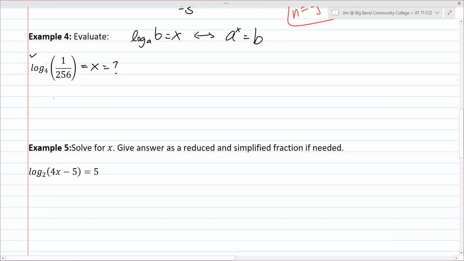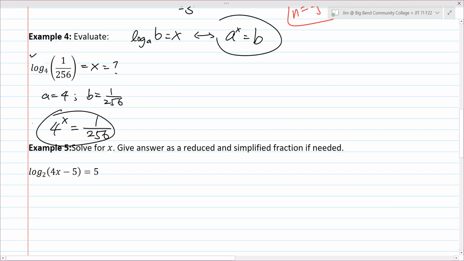And in this example, a equals 4. That is the base of the log, and b equals 1/256. So what we have is 4 to the x equals 1/256. I'm matching this equation to get that.